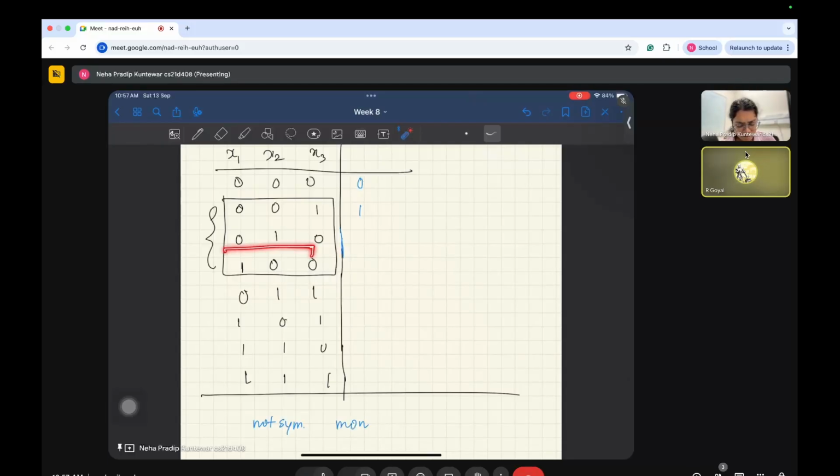You can flip this also. Then this will become 110, and this entire block would become disbalanced, in the sense that now we do not have the Hamming distance equal to 1 for all the three strings of this block.